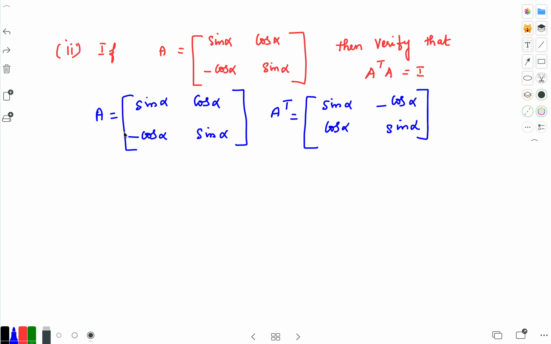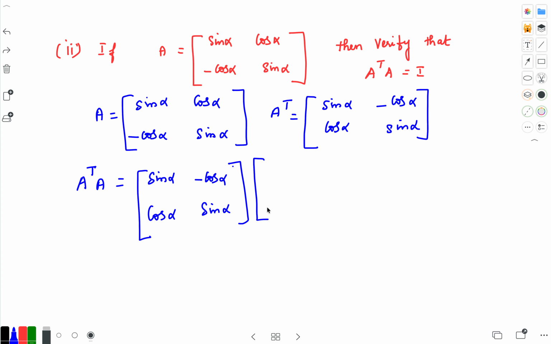Then we have to find A transpose A. A transpose is [sin alpha, cos alpha; minus cos alpha, sin alpha] and A is [sin alpha, cos alpha; minus cos alpha, sin alpha].